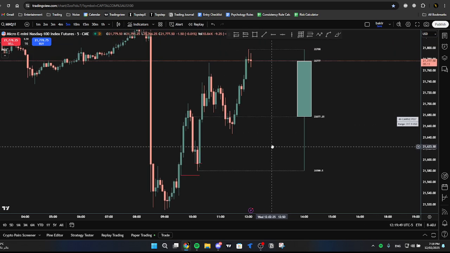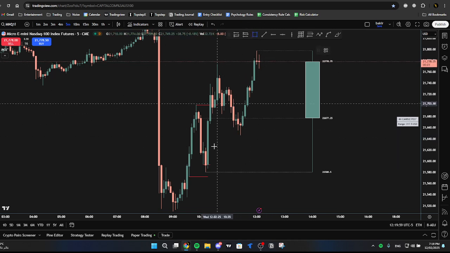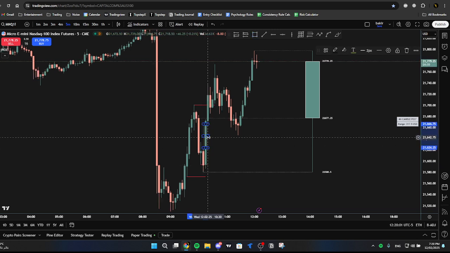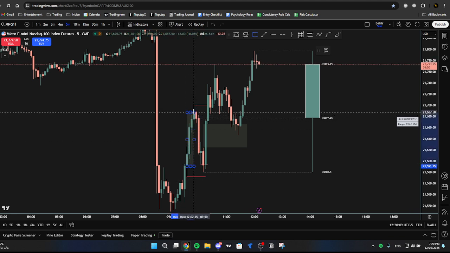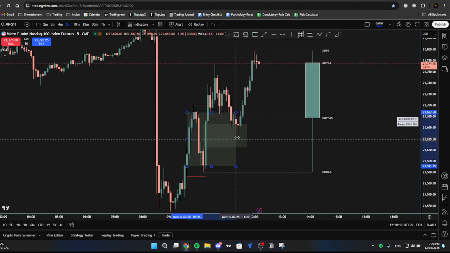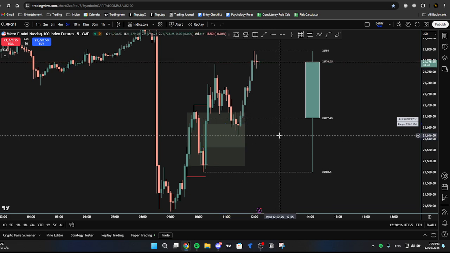So the trade I took was, since we took this external buy side, we wanted to rebalance price and take an internal liquidity. So what do we have here? We have an internal fair value gap, and we also have a breaker. This can be any of these candles or maybe the last 3 or 4. So we have this breaker and a fair value gap, which is a unicorn model.